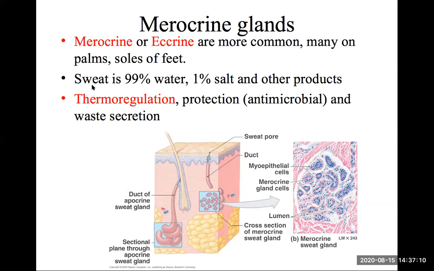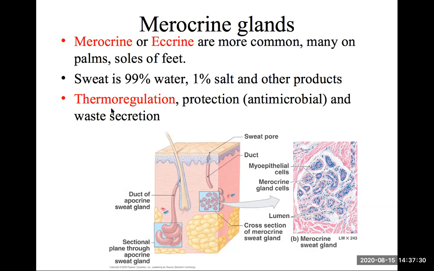The sweat that is produced here tends to be much less smelly. So little kids can sweat a lot and have little, if any, BO, but then they hit puberty and that can change. So this product is almost all water with salt and other things, including the urea that I mentioned earlier.